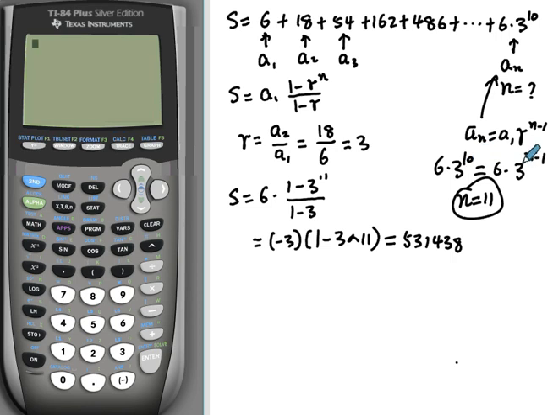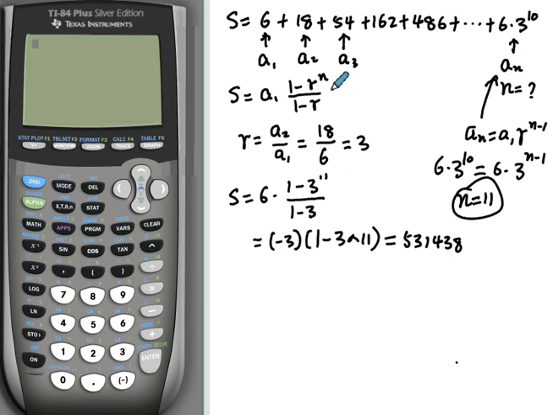So then it tells us that n should be 11 rather than 10. So from 6 plus 18 plus 54 until 6 times 3 to the 10th, in total there are 11 terms rather than 10 terms.